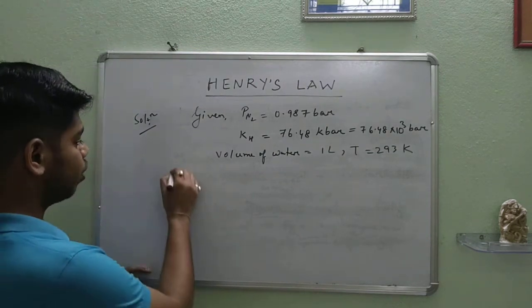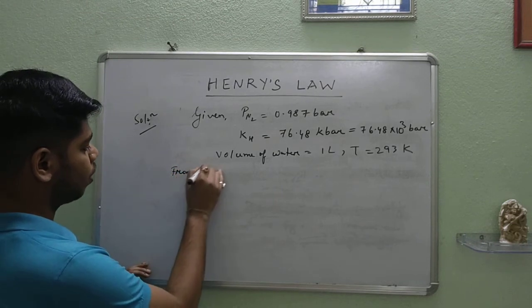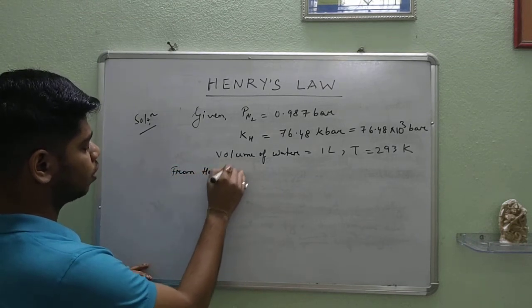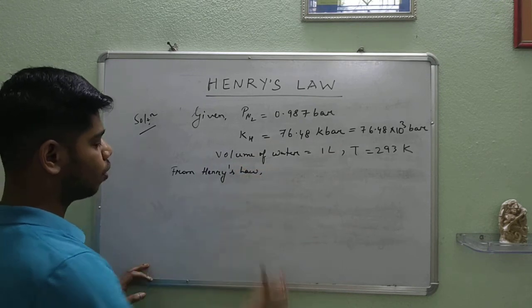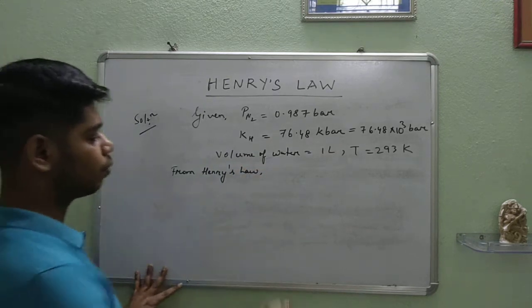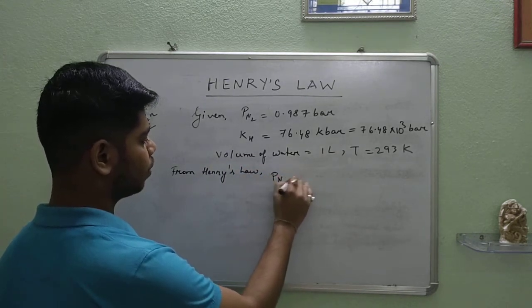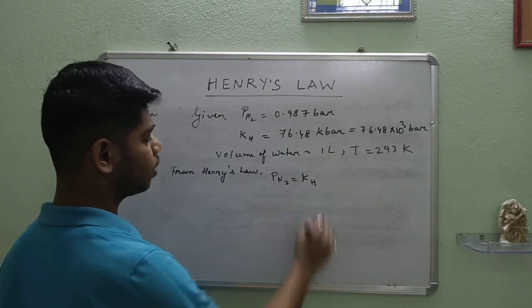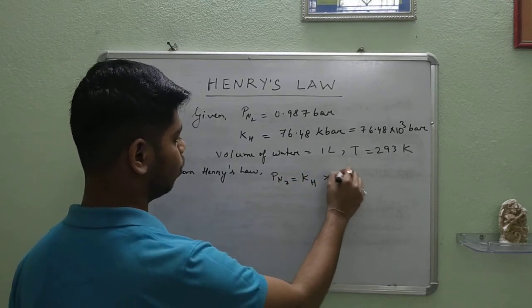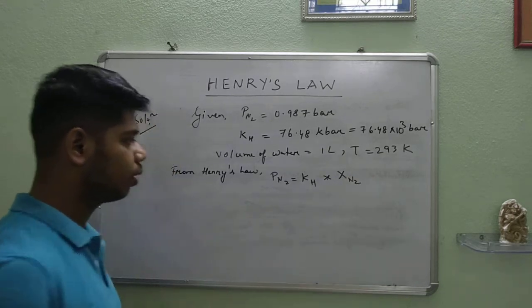So what is Henry's law? From Henry's law, we can say partial pressure of nitrogen is equal to KH, Henry's constant, into mole fraction of nitrogen. This is Henry's law.